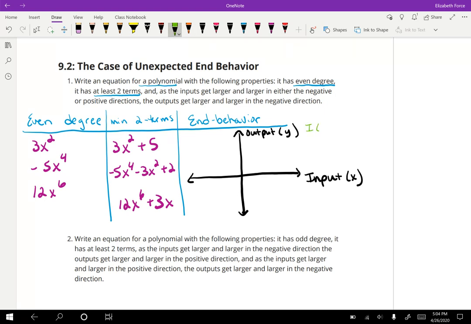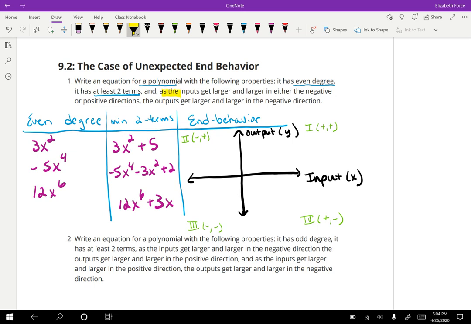Quadrant 1, where your inputs and your outputs are positive, positive. Quadrant 2, where you've got negative inputs and positive outputs. Quadrant 3 has negative inputs, negative outputs. Quadrant 4 has positive inputs and negative outputs. This is really helpful to try and decipher end behavior.